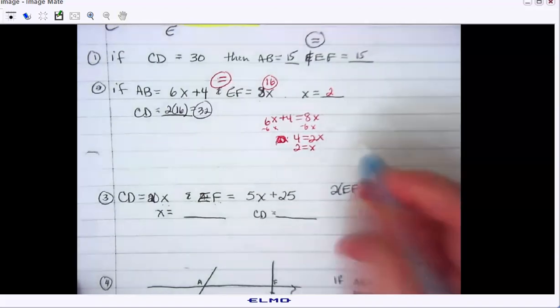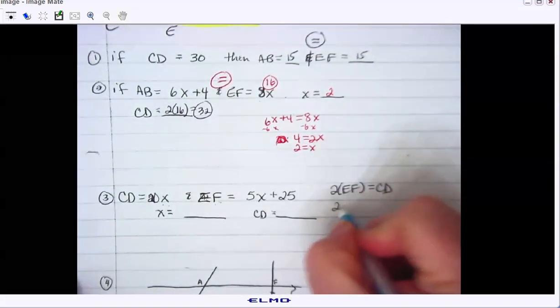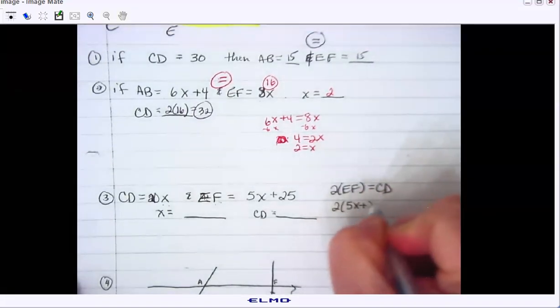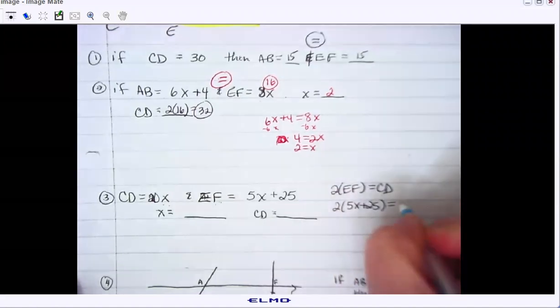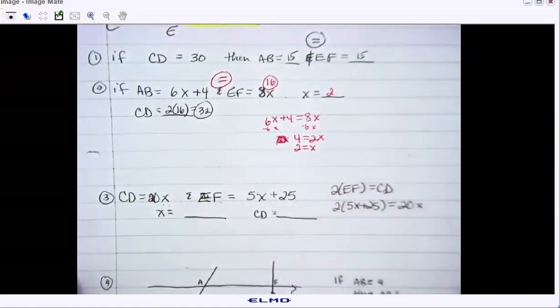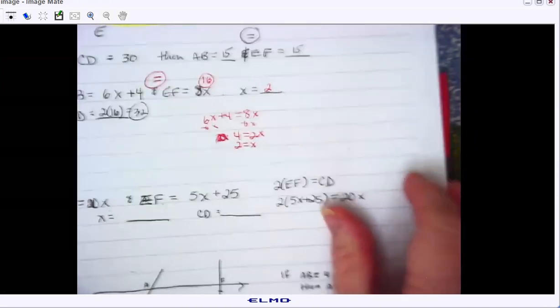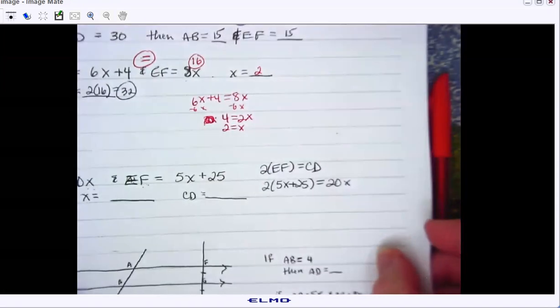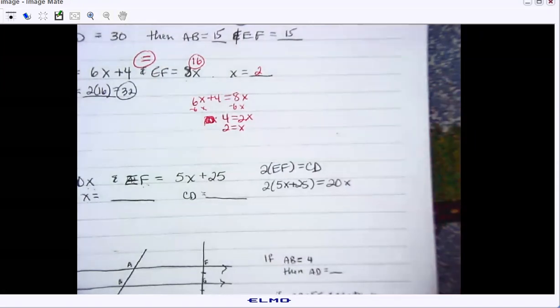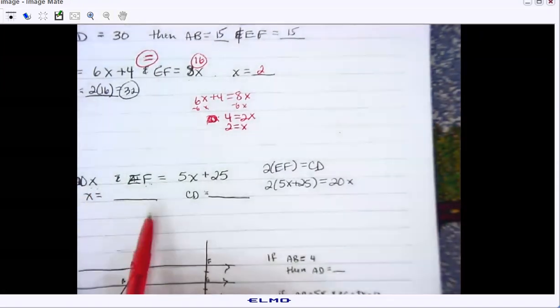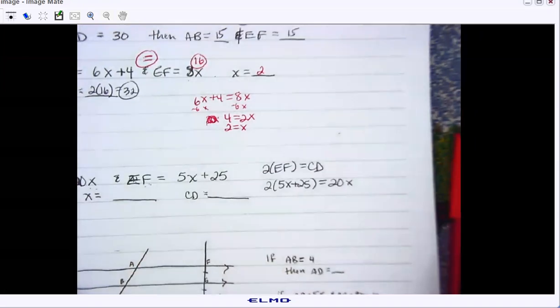So let's write that as an equation. So it takes 2 of the 5x plus 25s to equal CD or 20x. Okay, go ahead and solve that and put your answer in the chat box. Once you find x, find CD.